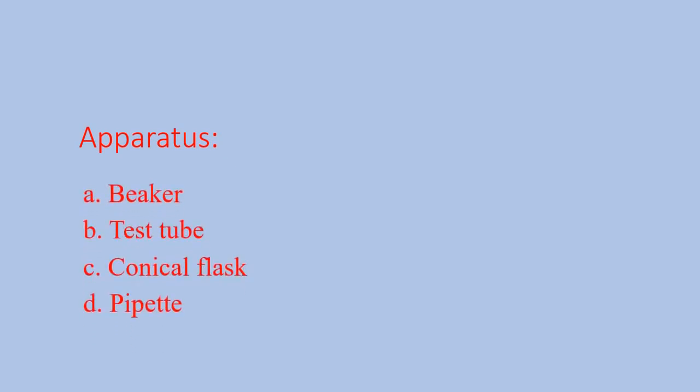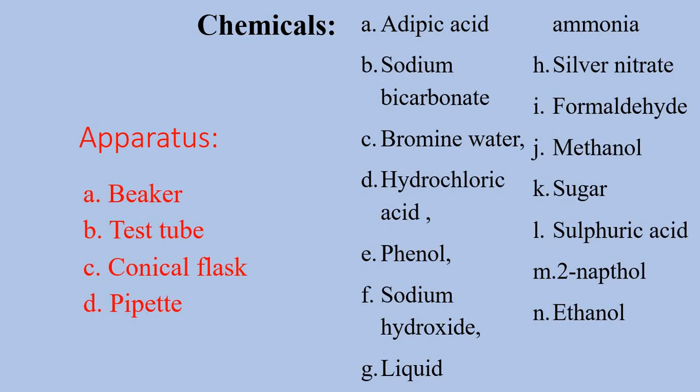The apparatus required for this practical are beaker, test tube, conical flask, pipette, etc. And some chemicals are required. The list is given here, in which there are some inorganic acids or bases which are used for the reaction.